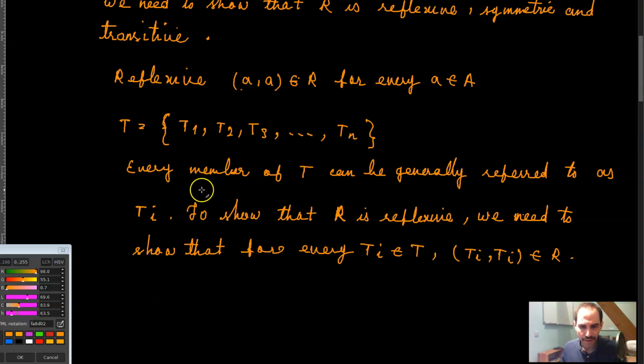So how do we do that? T of I denotes any triangle. You know that any triangle is congruent to itself, right?